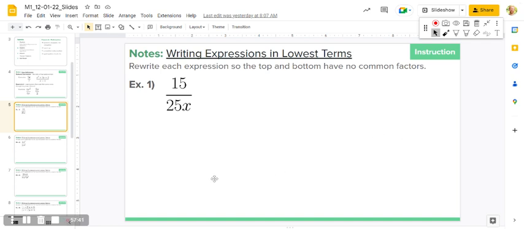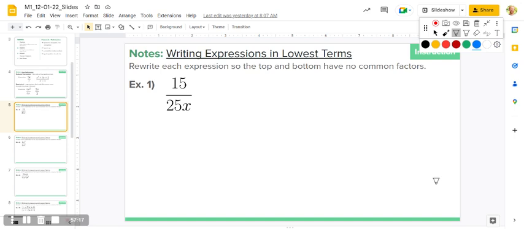Well, we can write that in simplest form or lowest terms by making sure that the top and bottom don't have any common factors. Now, some of you might be able to quickly recognize that 15 divided by 25 works down to 3/5 as a fraction. But let's expand it out just so we can have a surefire way of getting there.